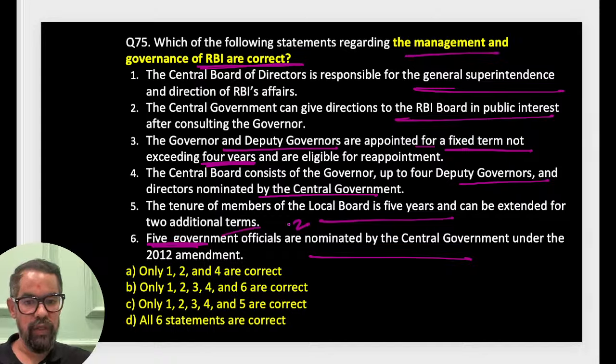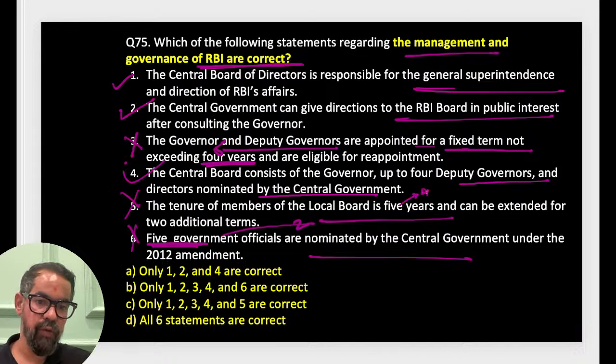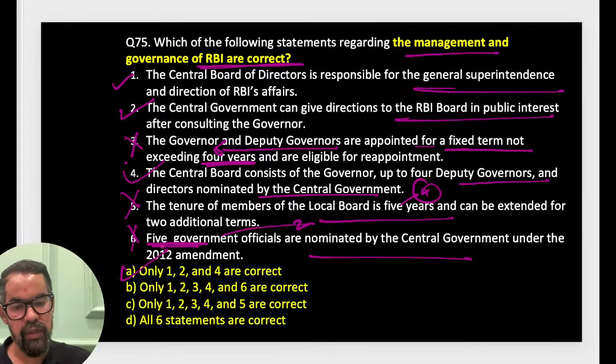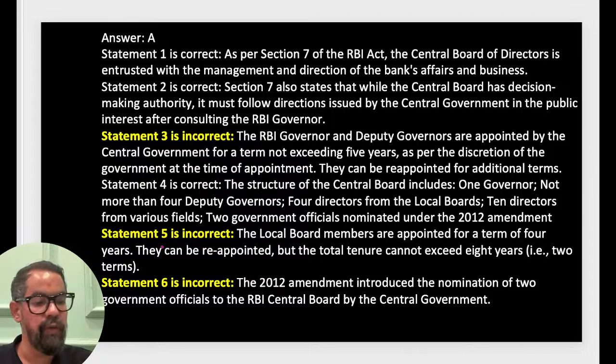There are two officials, so this is wrong. The first statement is correct. The second statement is also true. The third statement, it is for 5 years. This is also correct. The fourth statement is true. Governor, deputy governor. The fifth statement is wrong. It is for 4 years. So you guys are saying A, 1, 2, 4, yes, 100%. Option A will be the right answer for this particular one.